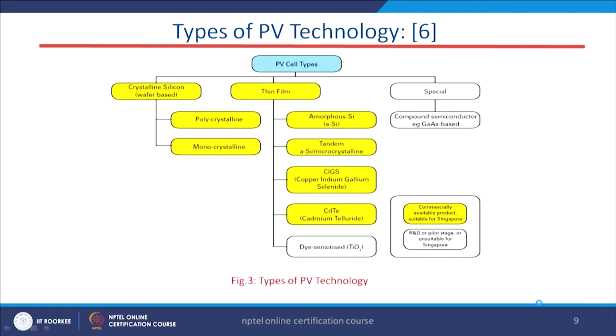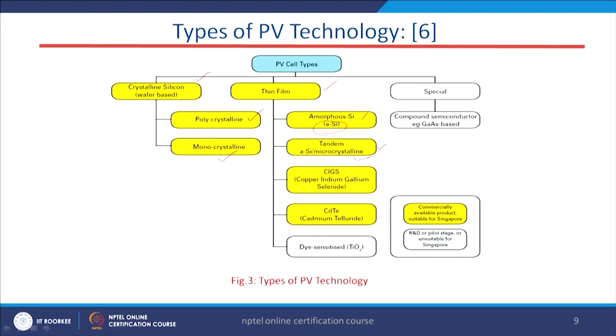Okay. And here just a broad discussion on this particular technology. As far as crystalline silicon is concerned, we have polycrystalline and also monocrystalline type solar cells. And as far as the thin film is concerned, we have amorphous Si, that is a-Si, and the second one is tandem, that is a-Si and microcrystalline.